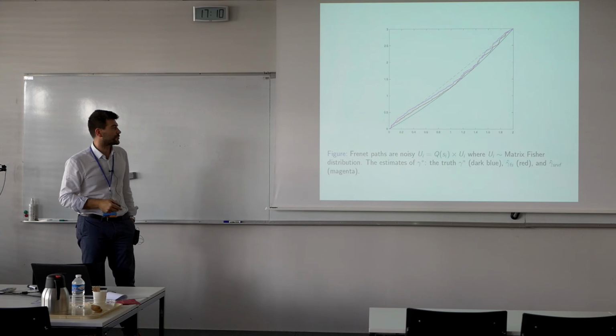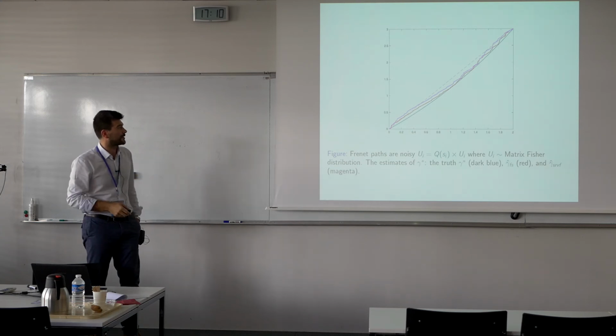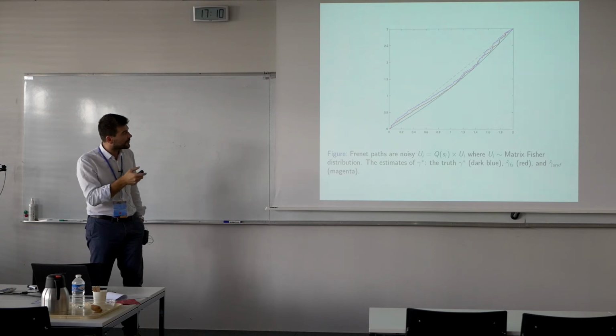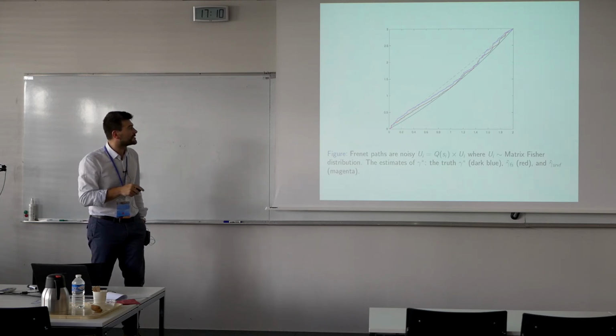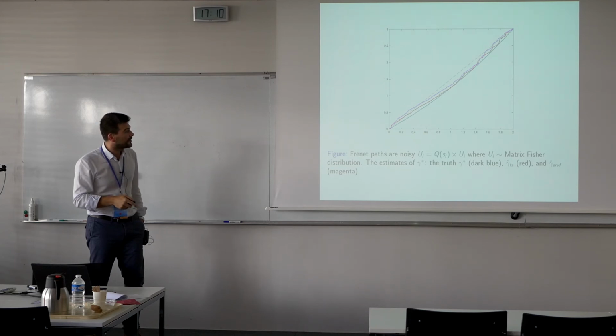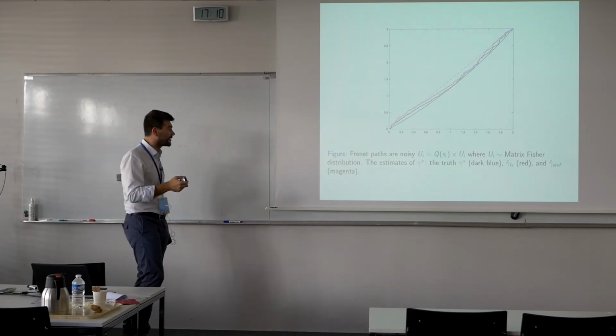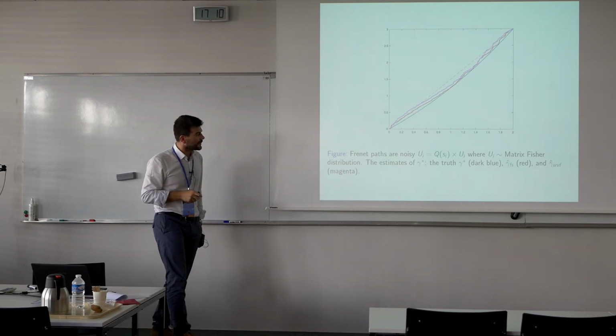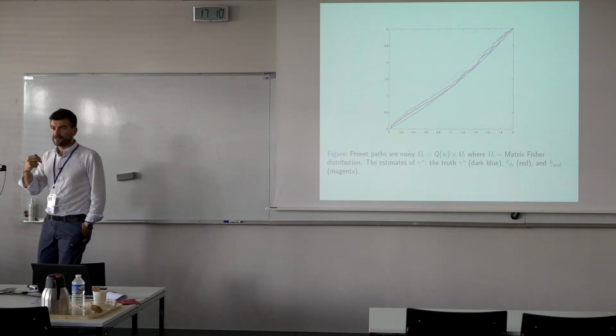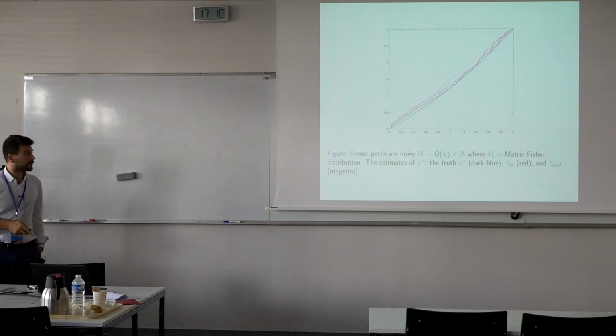What happened is that the Frenet-Serret, by using all this information, can give a reasonable estimate of the alignment, while the SRVF, by using only the tangent information, gets stuck quite fast.